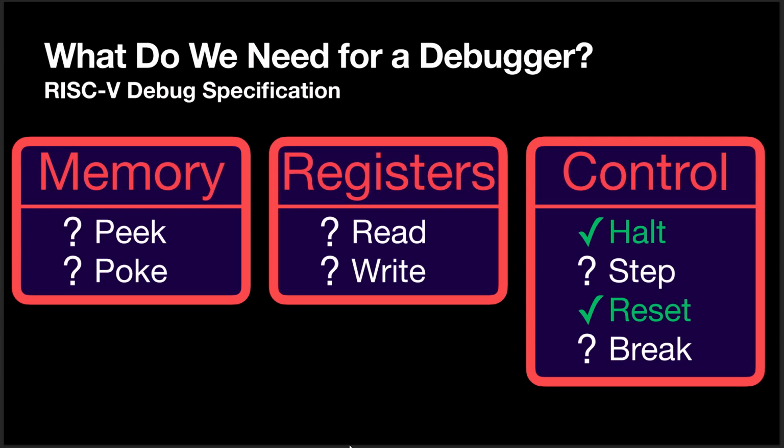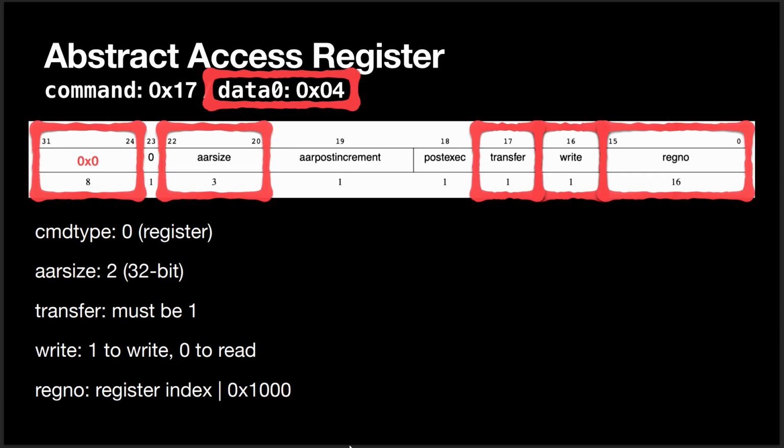What about accessing registers? Well, there's this thing called Abstract Access Register, AAR, and what this is: you send command 17 with the first couple of bits as 0. And what this says is I'm going to access a register. You set the address size to 3. You set the transfer bit to 1. Very important that the transfer bit is 1, because otherwise it won't actually do anything, which is kind of a weird thing that we'll come back to in a bit. Set 1 for write, 0 for read, and you put the register number in for regno.